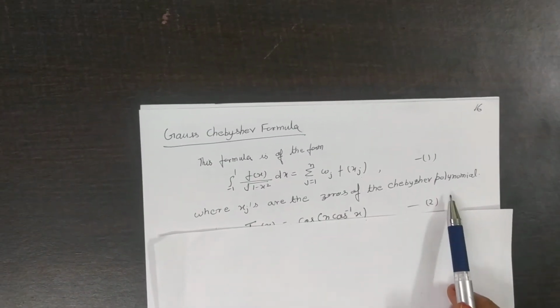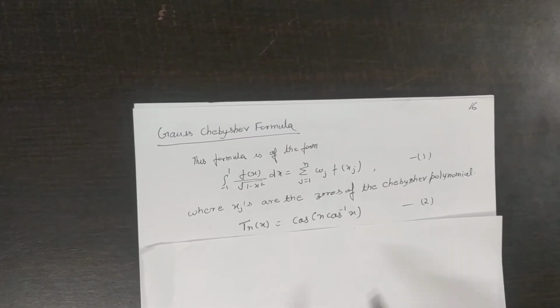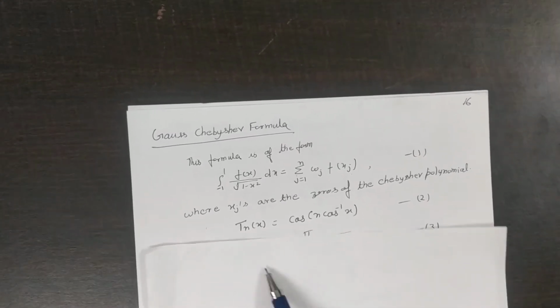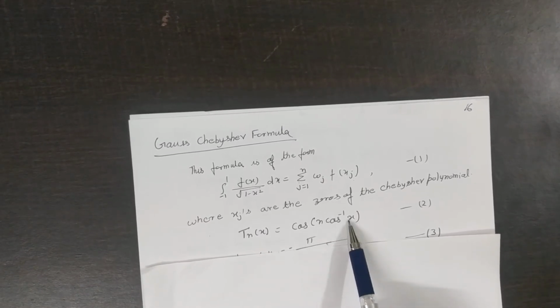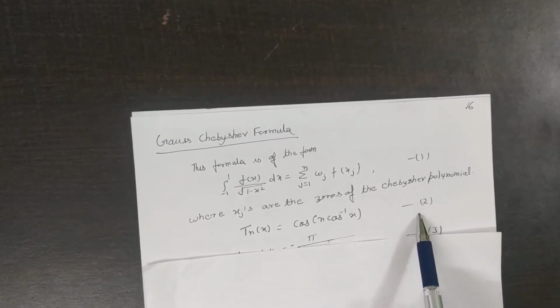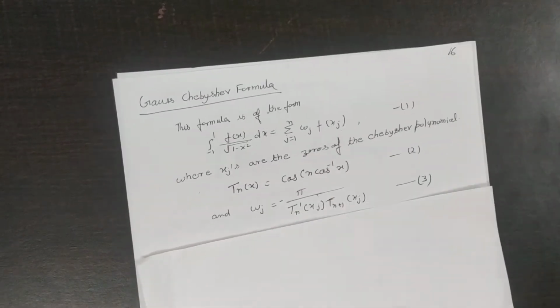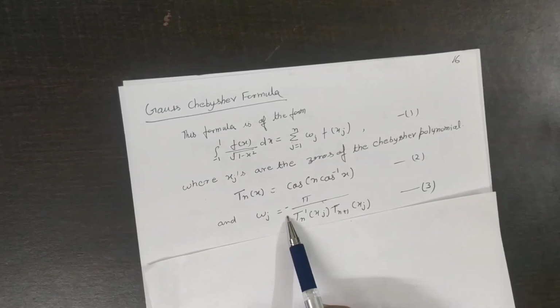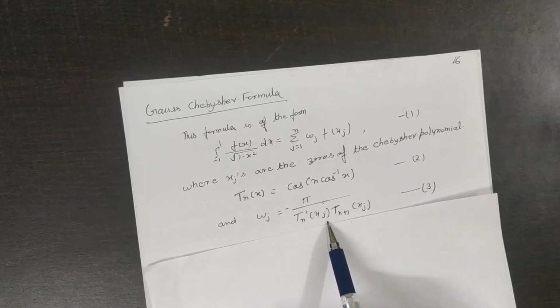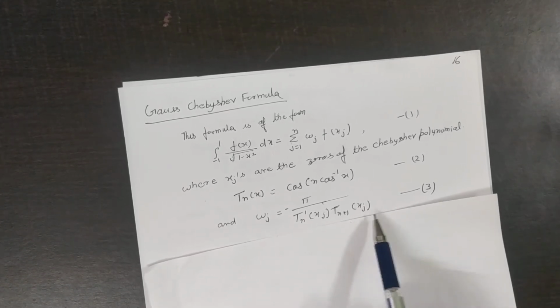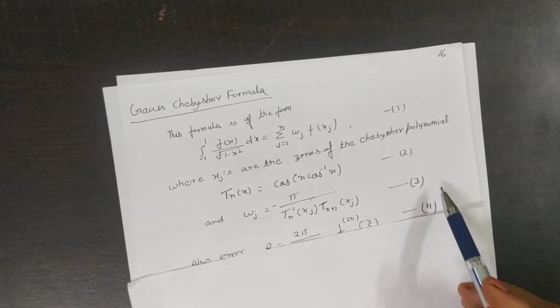of the Chebyshev polynomial Tn(x), which is defined as cos of n cos inverse x, that is equation number 2, and also wj, which is defined as minus pi by Tn dash(xj) Tn plus 1(xj), equation number 3.